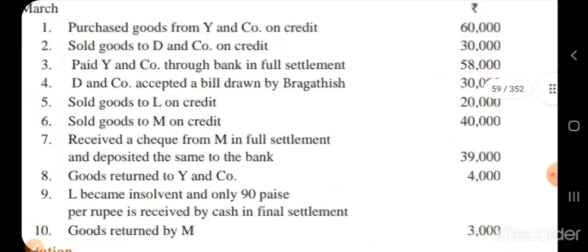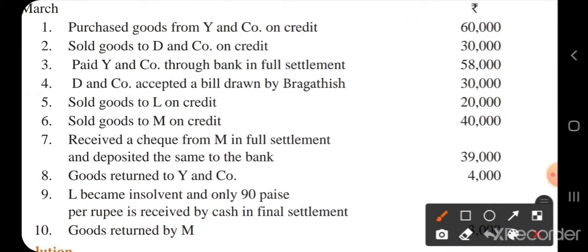Next entry. Transaction dated 3rd: paid YN company through bank in full settlement 58,000. See, this is the continuation of transaction 1. On first you purchased goods from YN company, and on third you are making the payment to YN company.